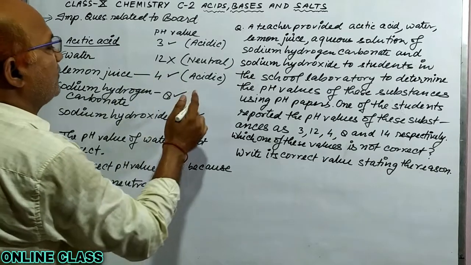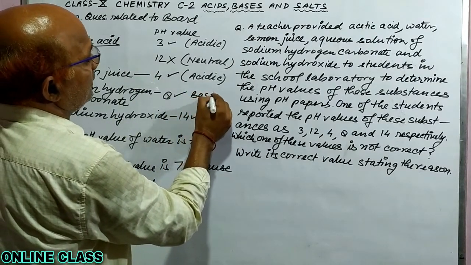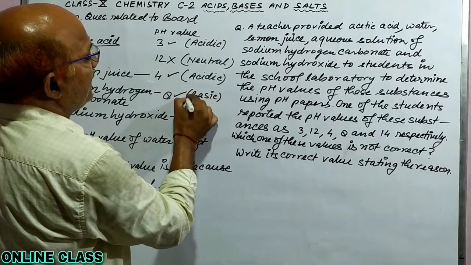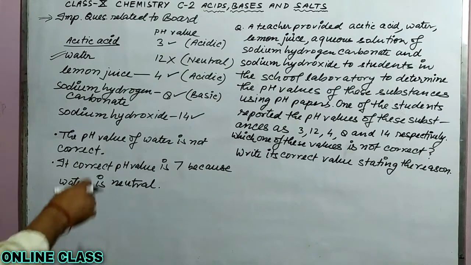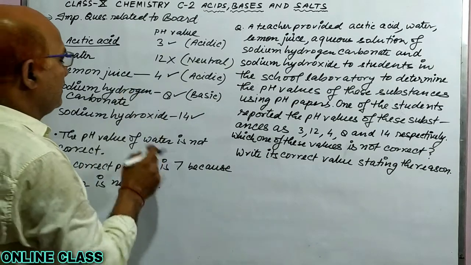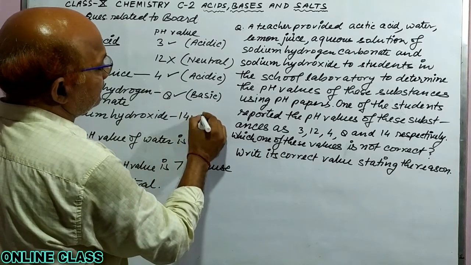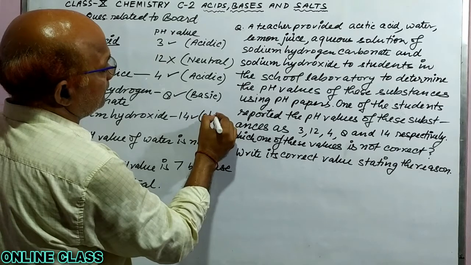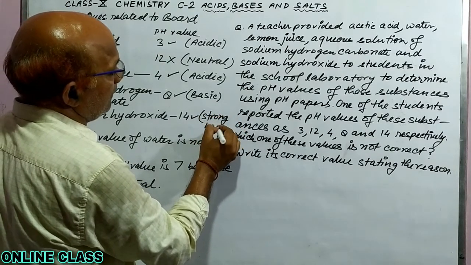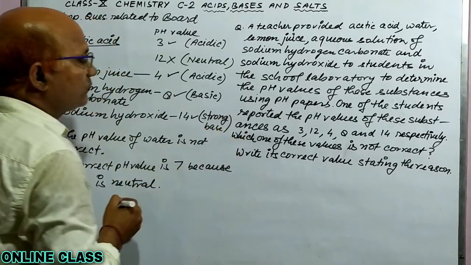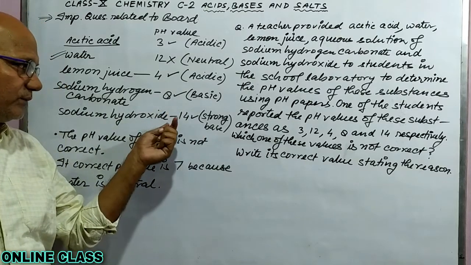Sodium hydrogen carbonate, it is a basic solution, basic in nature, so its pH value is 8. This is also correct. Sodium hydroxide, it is a strong base, so its pH value reported by the student is 14.